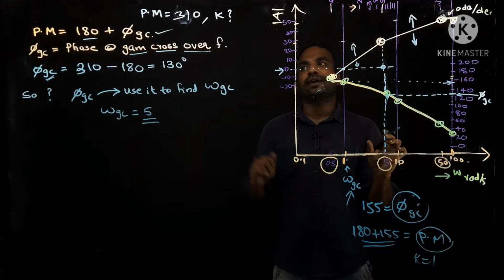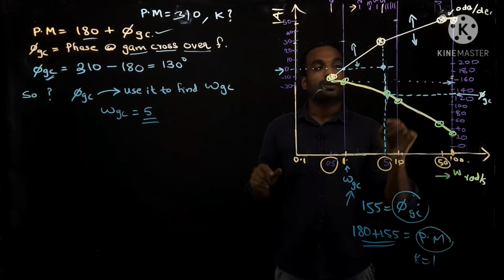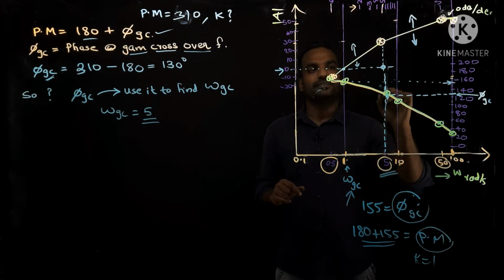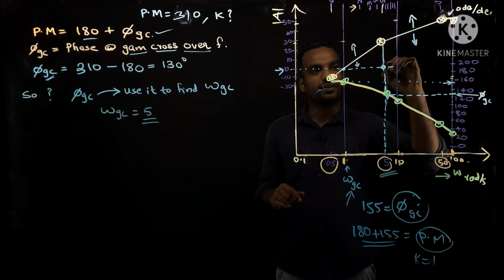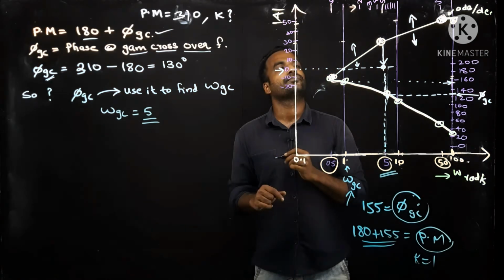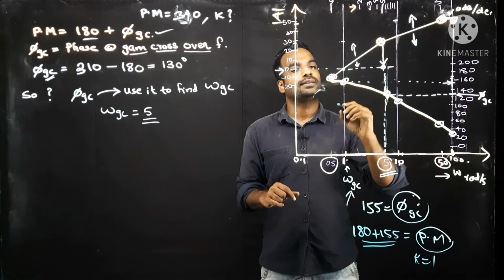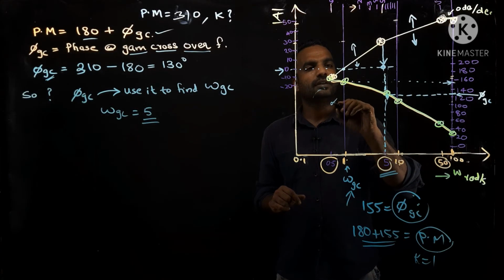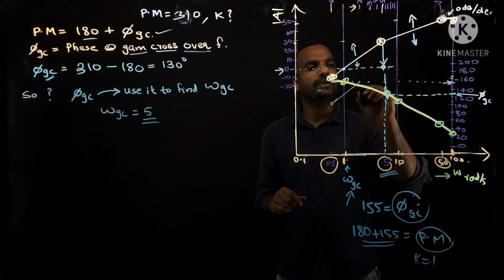We want to find the value of k where gain crossover happens at omega GC 5. So this point should be shifted to this point. And the new shape, it is not asked in the question. Anyhow, I know that the new shape will be like this.